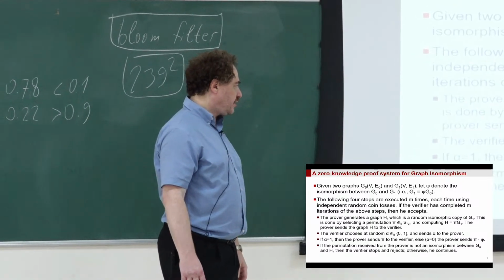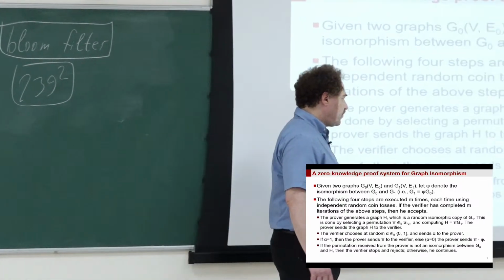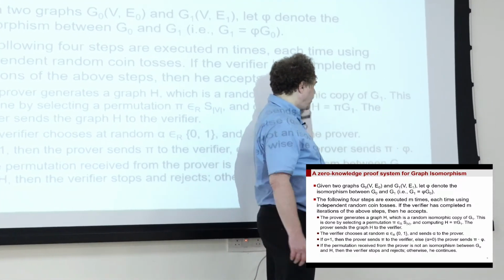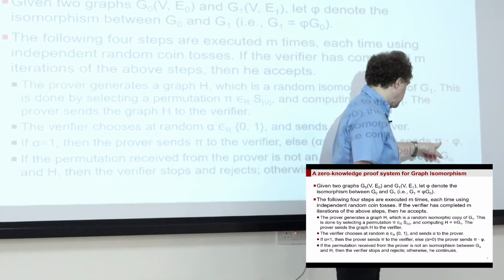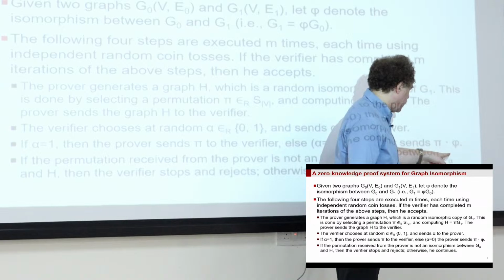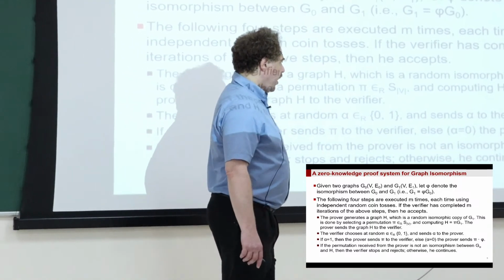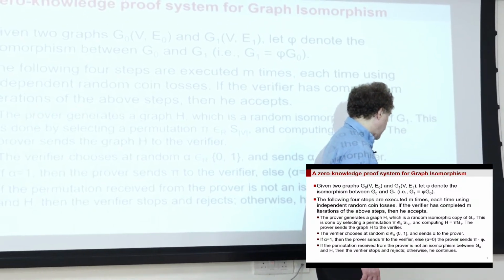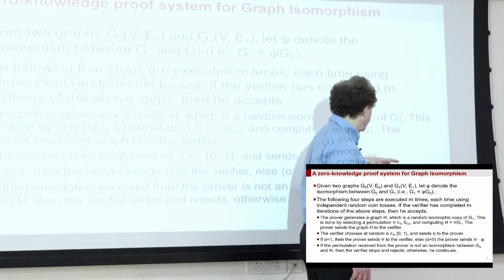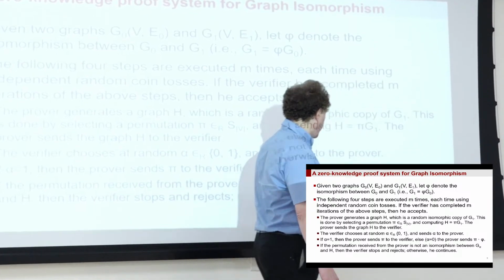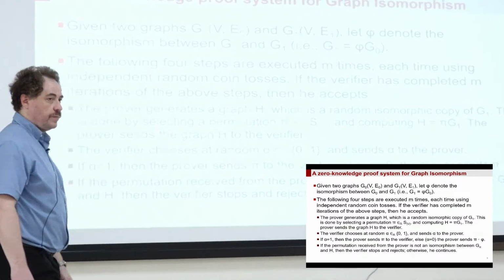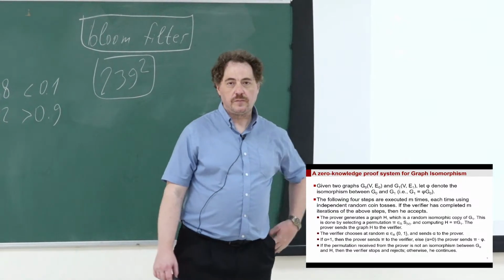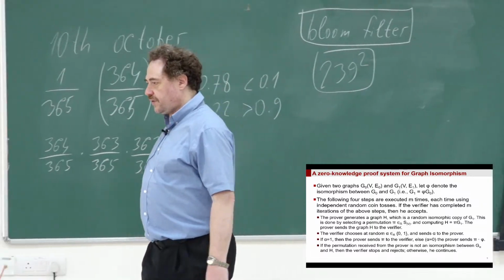The verifier accepts. If alpha is equal to 0, then the verifier takes G0, not G1, and applies pi times phi. Phi applied to G0 is G1, and pi applied to G1 is again H. So the verifier would accept. This is the verification.